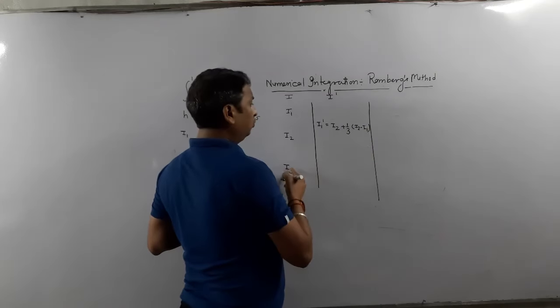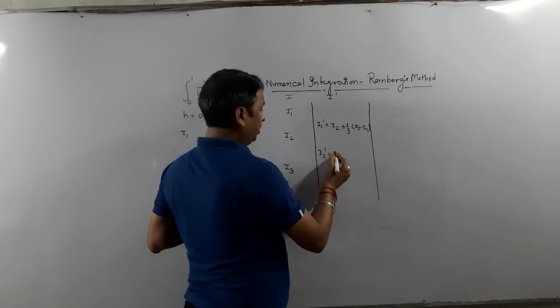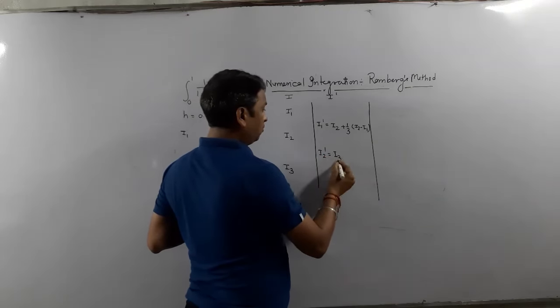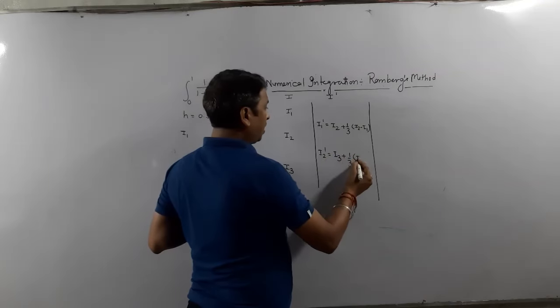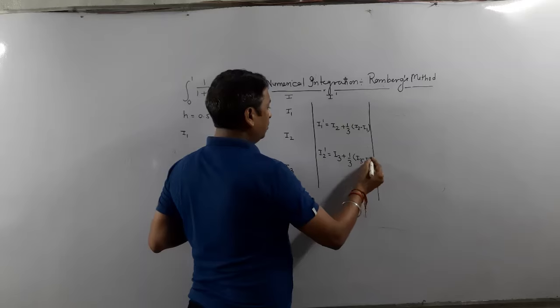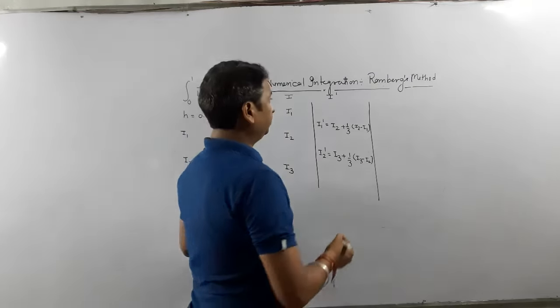Similarly for these two, I2 dash is I3 plus 1 by 3 of I3 minus I2. Similarly, if more values are there, you proceed.